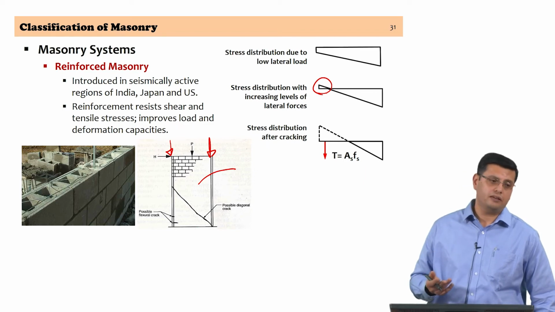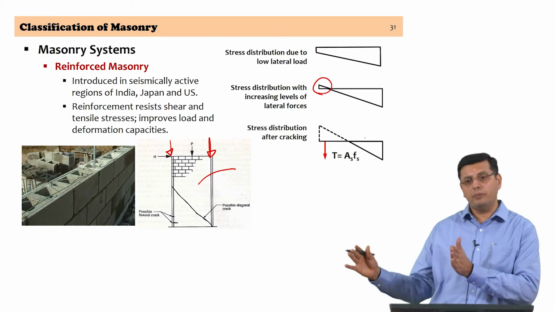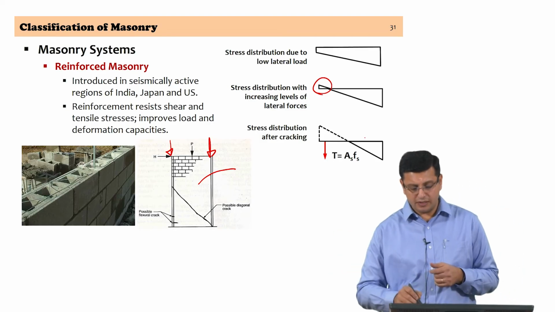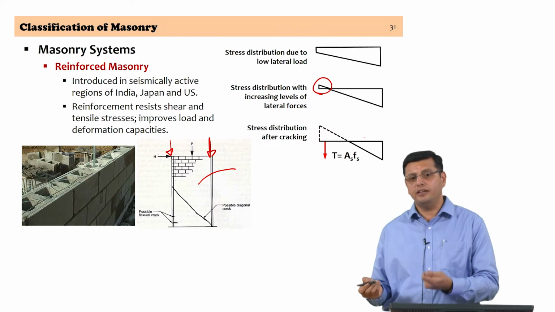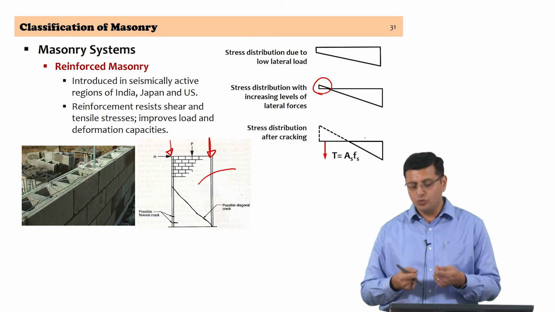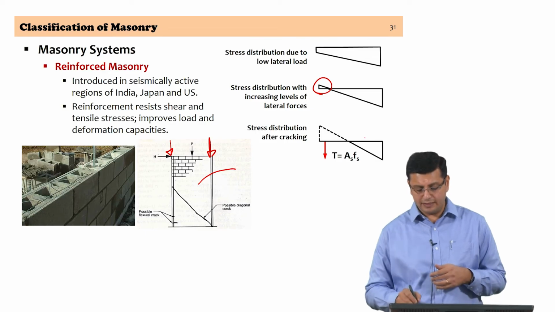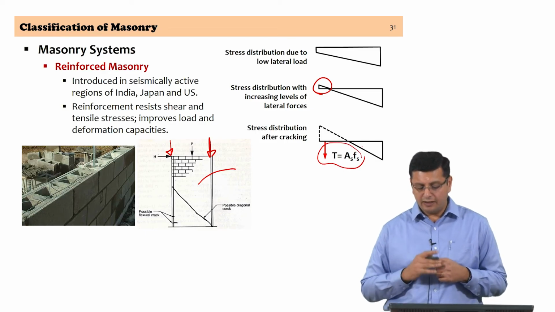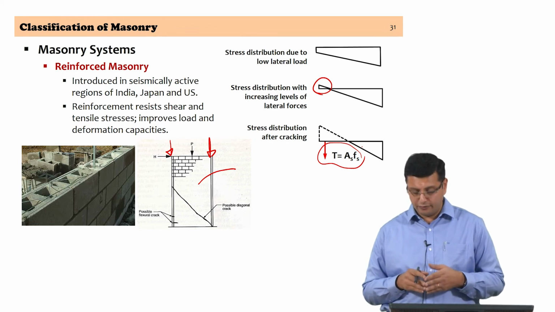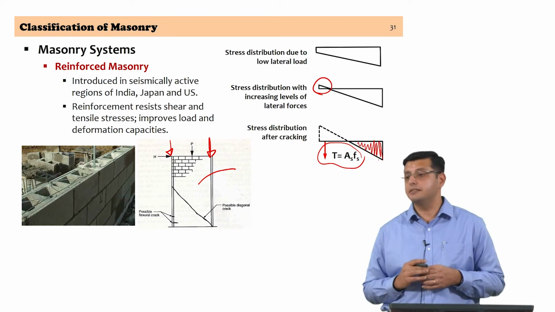With increasing lateral loads, you would have cracking in the cross section and partial sections which will be available to you for equilibrium under gravity forces. When you have cracking in a cross section, if the cross section is reinforced, you have the possibility of using the tensile resistance available from the reinforcement that is sitting there. So, tension is equilibrated in the cracked portion of the cross section by the rods, the steel reinforcement that you have provided, and compression by the part of the masonry wall that is in compression.